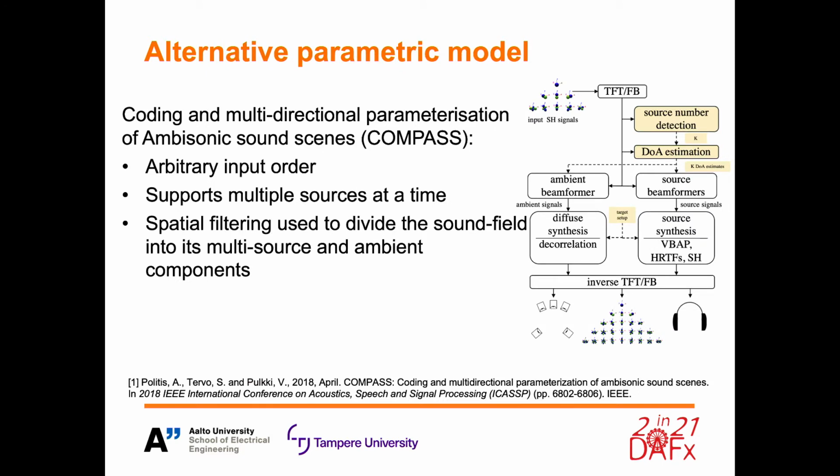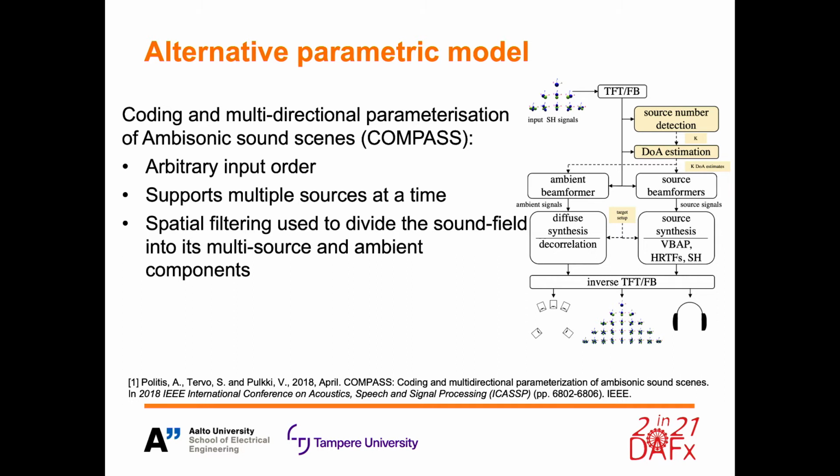However, the field of parametric spatial audio processing has evolved a little bit since the first formulation of Dirac was proposed. For example, the relatively new compass method supports arbitrary input order and can estimate the directions of multiple simultaneous sources.